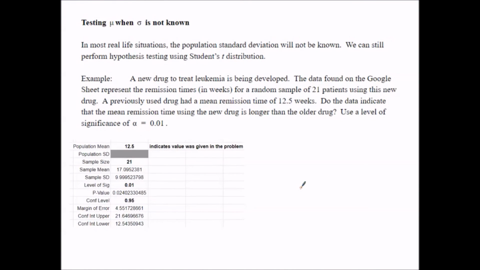All right, so this is a new drug treating leukemia problem. We don't know the population standard deviation. So let's go through what these things mean. But actually, first, our null hypothesis was that mu was equal to 12.5. And we wanted to see, is it longer than that? So is the remission time longer than the 12.5? So greater than 12.5.